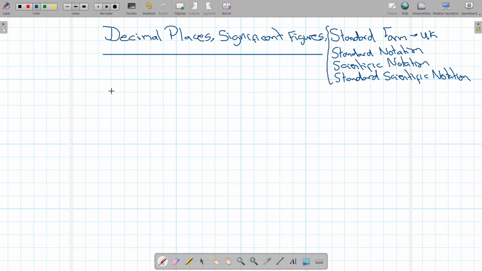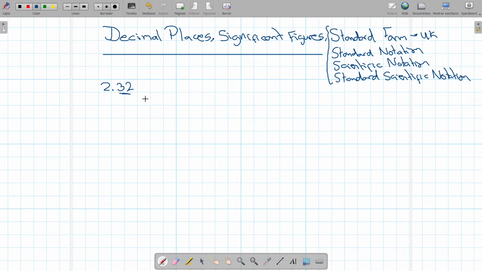Well, we all know what decimal places are. They are the places after the decimal point or comma. It depends on which system your country uses. So we're going to use a point now, a full stop. So here we have a number with two decimal places because there are two figures after the decimal point.